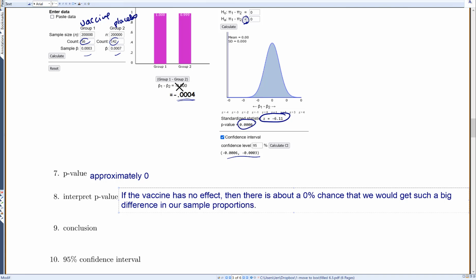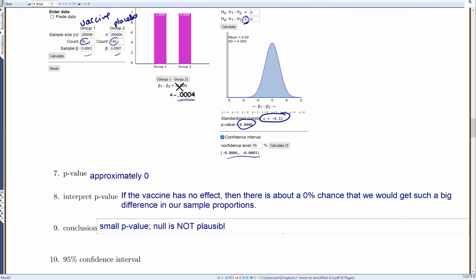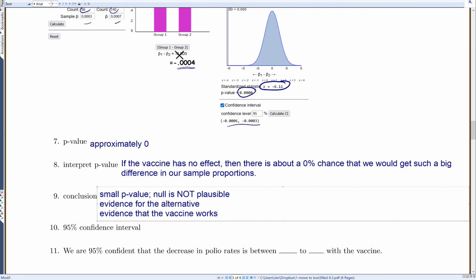So that just does not seem plausible at all. So we could say something like, that is a small p-value, so the null is not plausible. And we'd say we have evidence for the alternative. Or in this case, evidence that the vaccine works.